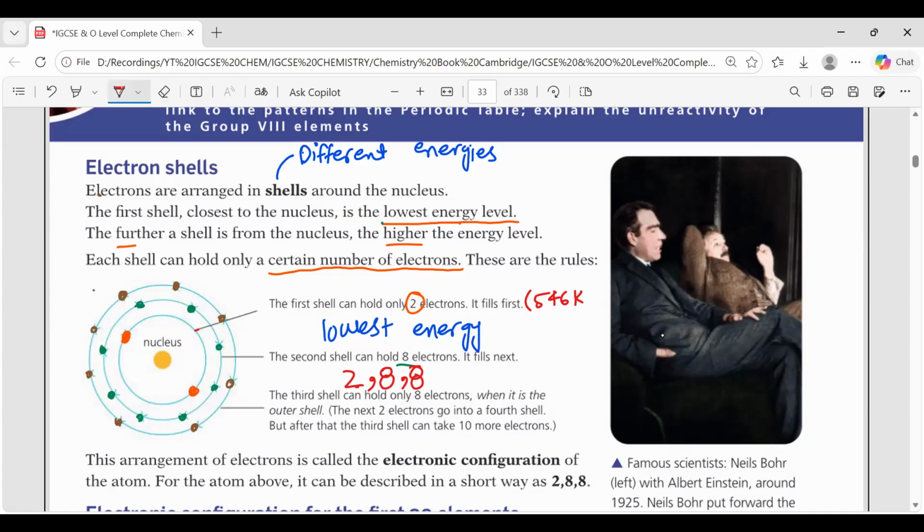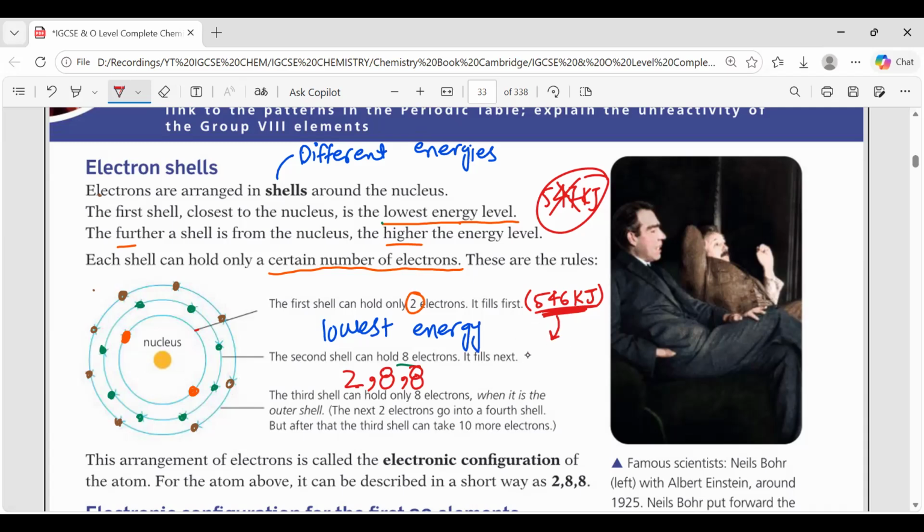It means if you have the energy of 547 kilojoule, that electron cannot enter the first shell. Why? Because this energy is fixed for the first shell, just like the boiling point and melting point are fixed. Similarly, the energy of these levels is fixed.